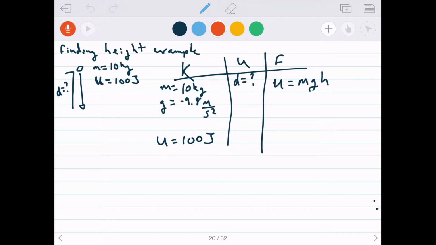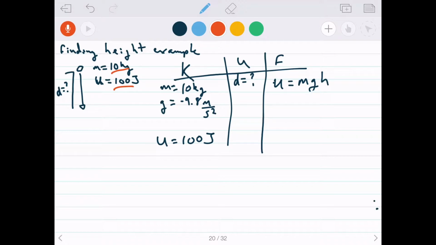So, one of the great uses of potential energy, and this is actually how we found the height of the railing to be 5 meters, was we actually worked it backwards. We have a box. This time it's 10 kilograms, and it's going to have 100 joules of potential energy, or it could have been 100 joules of work if we could measure that.